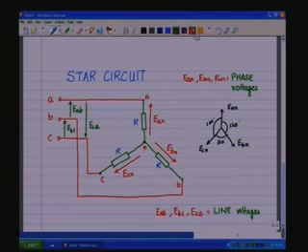Now, one more parameter, let us call this as I A, and what flows through this line here as I B, and what flows through this line as I C. Okay. Then I A, I B, I C are called the line currents.